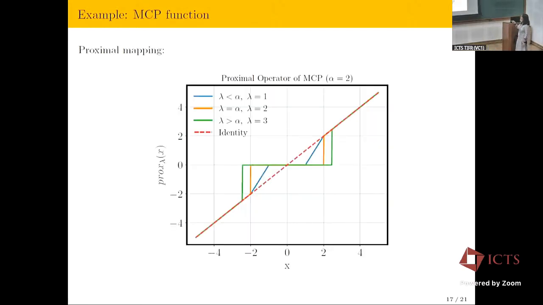But something interesting happens. I said that lambda has to be less than 1 by rho. In this MCP setting, 1 by rho is alpha. So as long as lambda is less than alpha, my proximal mapping is unique. When alpha is 2 and lambda equals 1, I get this blue curve over here as the proximal mapping as a function of x.